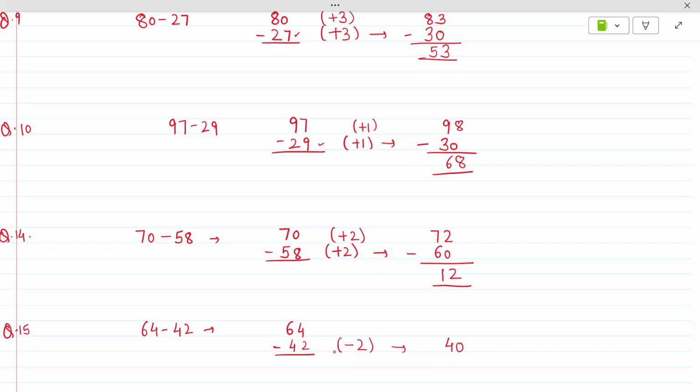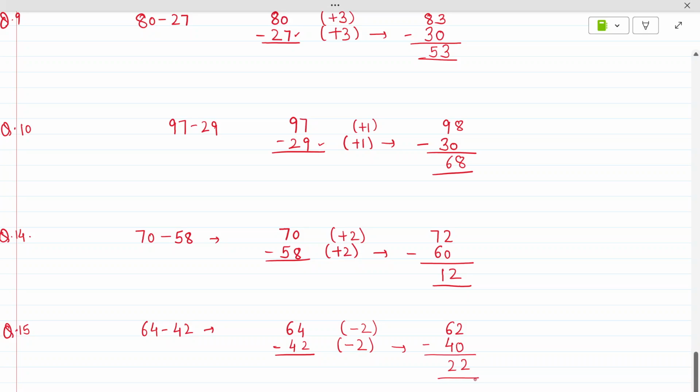So if I'm doing minus 2 here, I will do minus 2 to the other number also. So 64 minus 2 will give me 62. These are my two new numbers and now I will do the normal subtraction. 2 minus 0 is 2, 6 minus 4 is 2.